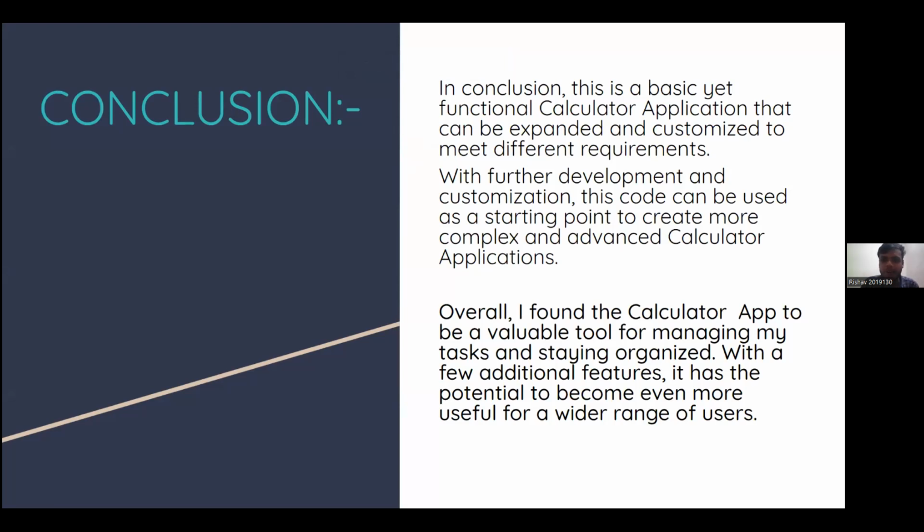Overall, I found the calculator app to be a valuable tool for managing my tasks and staying organized. With a few additional features, it has the potential to become even more useful for a wider range of users. This conclusion is the scope of the calculator app. And the thing that I have learned is how to make and deploy a very good calculator.